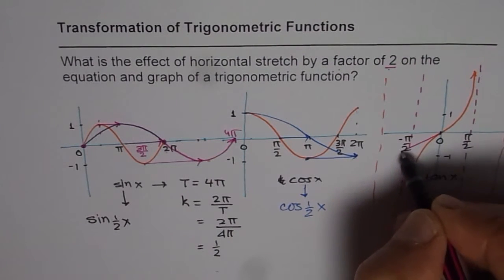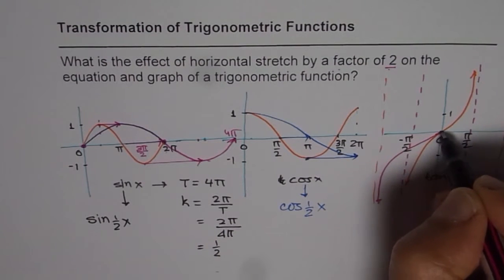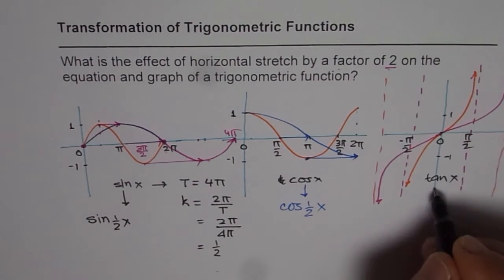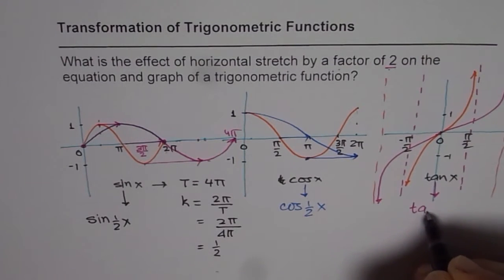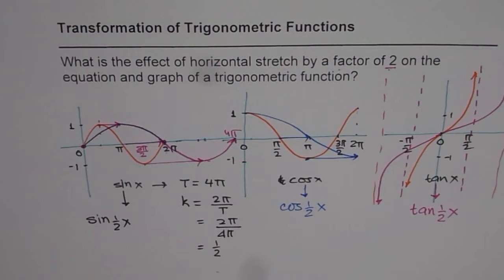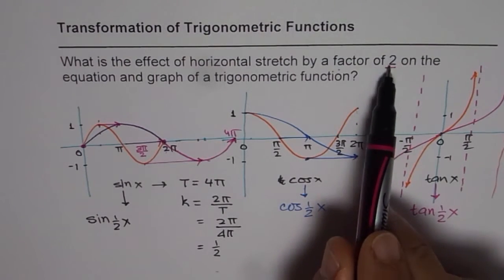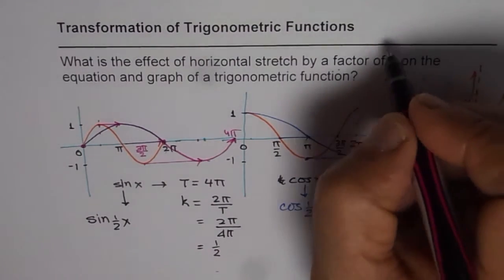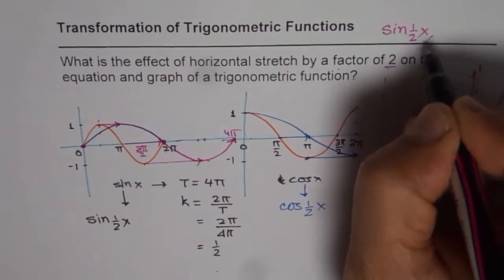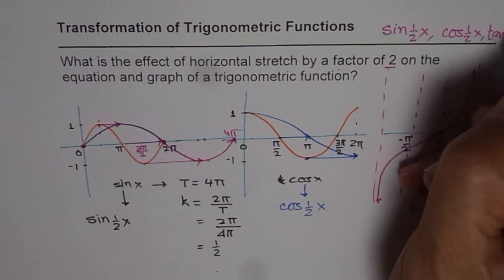So it will be kind of like this. Do you understand? And the equation will be tan of half x, right? So in general, if we are stretching by a factor of 2 horizontally, in that case we are looking for a function like sine of half x or cos of half x or tan of half x.